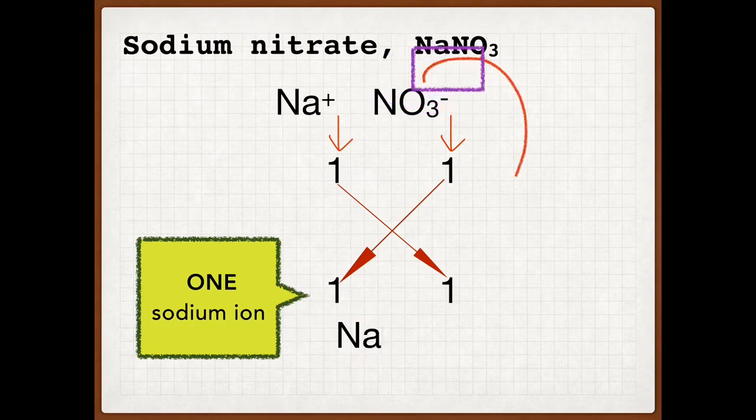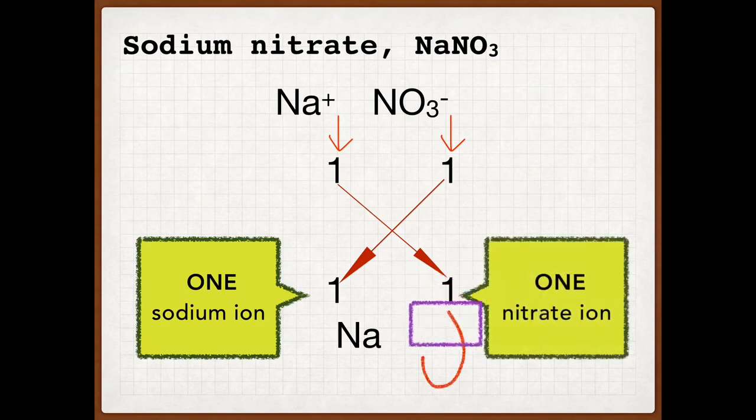And how many nitrate ion involved? It is 1. So the formula of sodium nitrate is NaNO3.